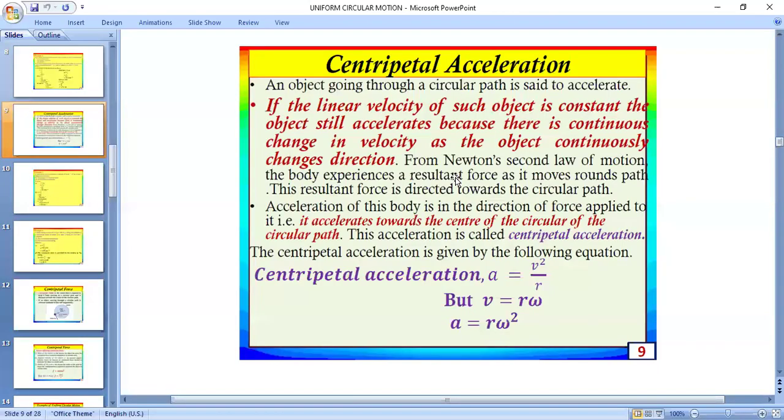The most commonly asked question here is: explain why a body in circular motion is said to be accelerating, even if it's moving with a constant linear velocity. Then you should respond by saying that the body keeps on changing direction, hence changing the velocity, which is, of course, a vector quantity.